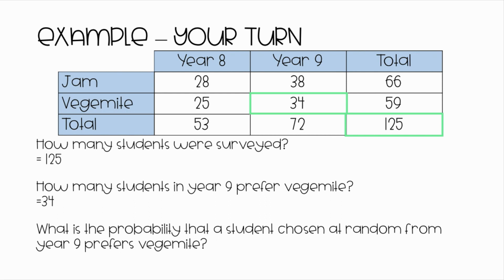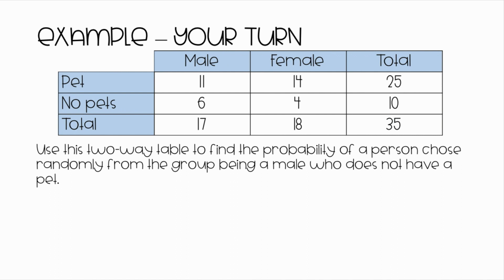That means our total number of outcomes, or total number of people, is 72 in this case. So the probability of a year 9 liking Vegemite equals 34 out of 72, because we're looking at the total number in year 9, which gives us a probability of 0.472.